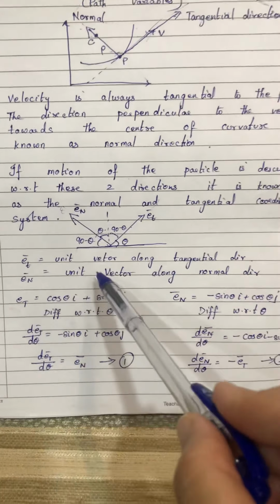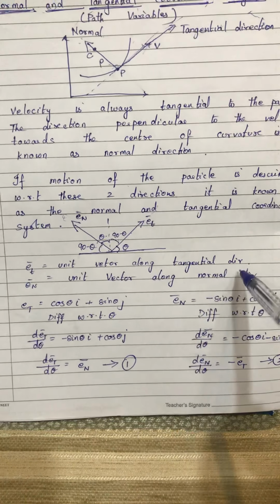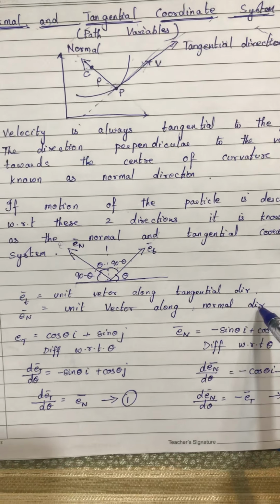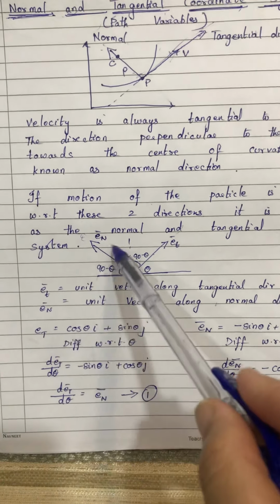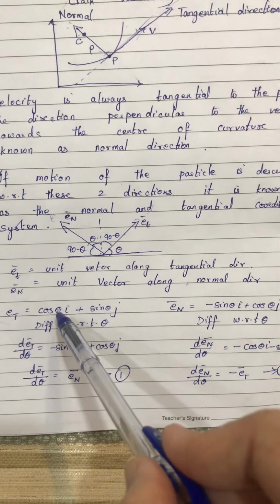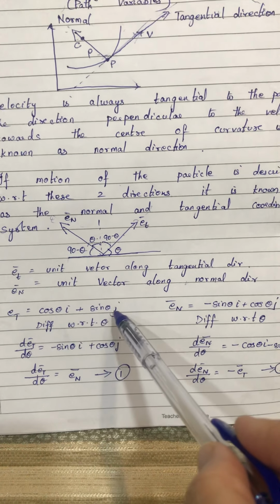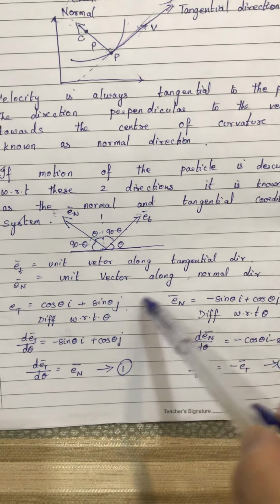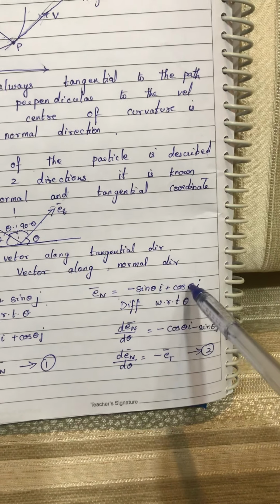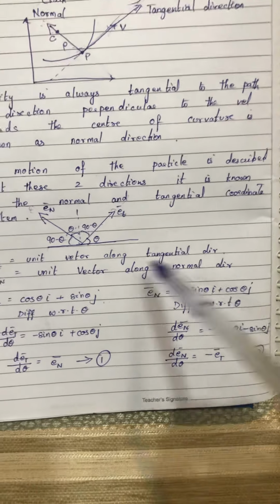So et is the unit vector along the tangential direction, en is the unit vector along the normal direction. et in vector form can be written as cos theta i plus sin theta j. en can be written as minus sin theta i plus cos theta j.